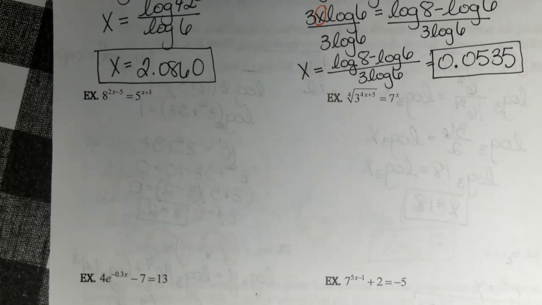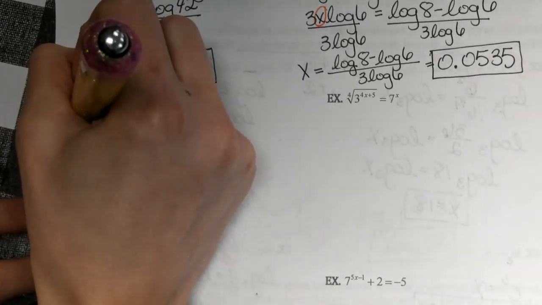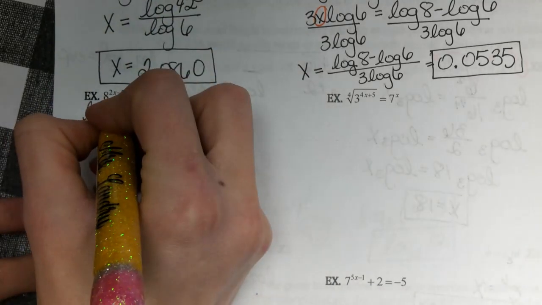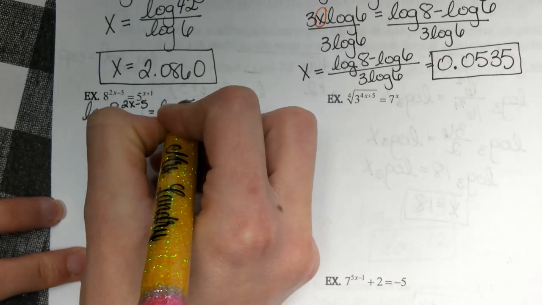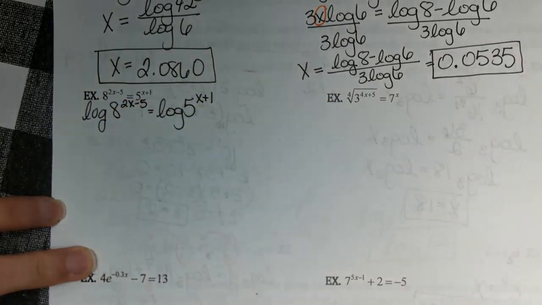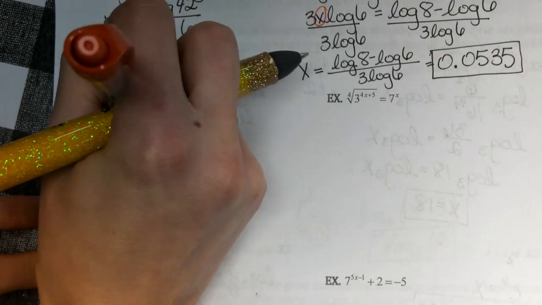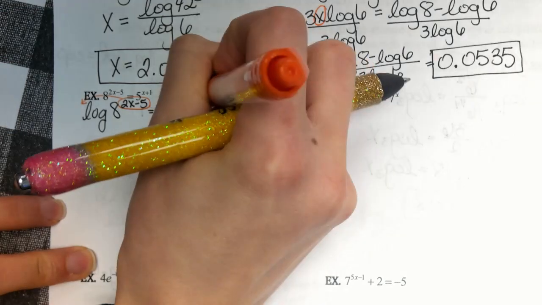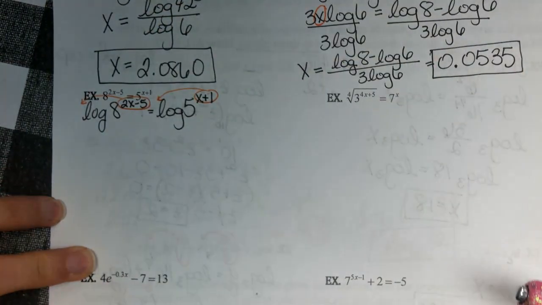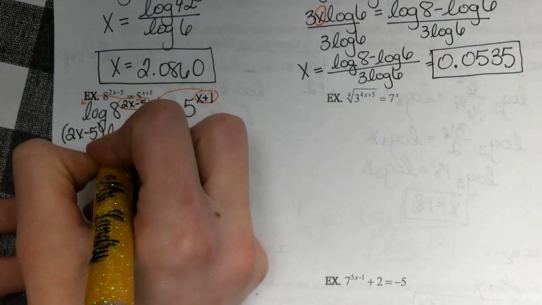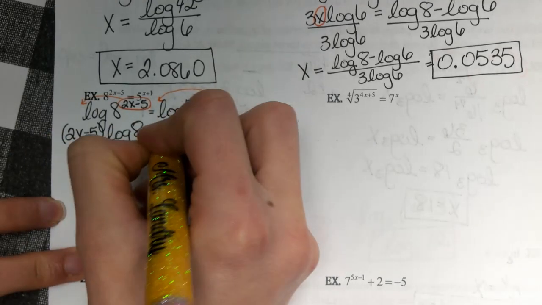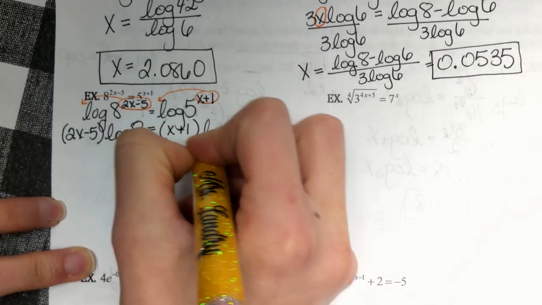So now I have 8 to the 2x minus 5 equals 5 to the x plus 1. I'm going to do the log of both sides. And then I'm going to take my exponents, bring them out front. So 2x minus 5 in parentheses log 8 equals x plus 1 in parentheses log 5.